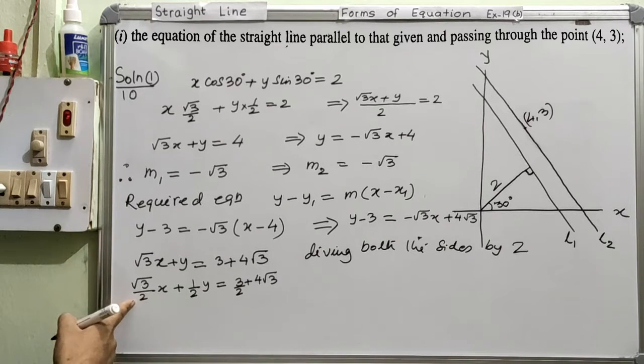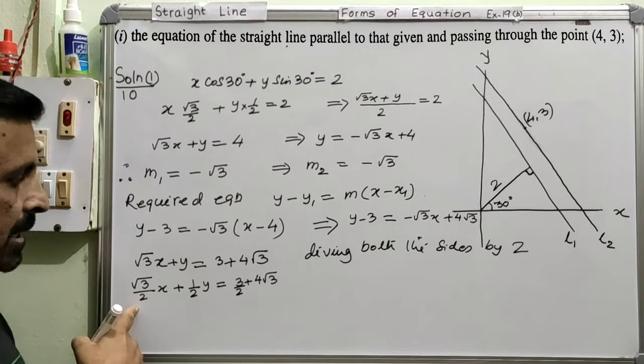This value for the trigonometrical ratio of cos, we see that this value comes at cos 30 degree. Clear?